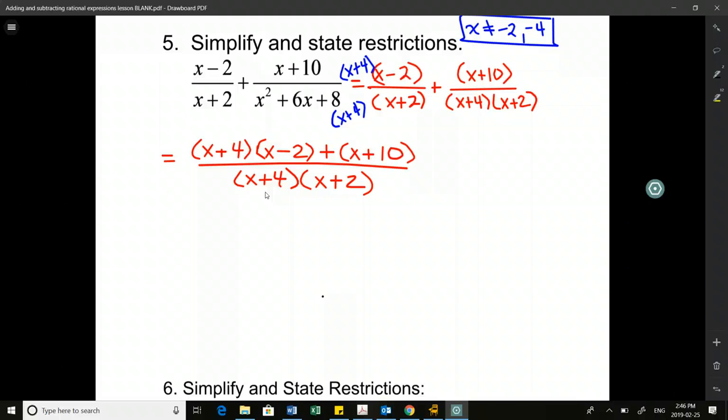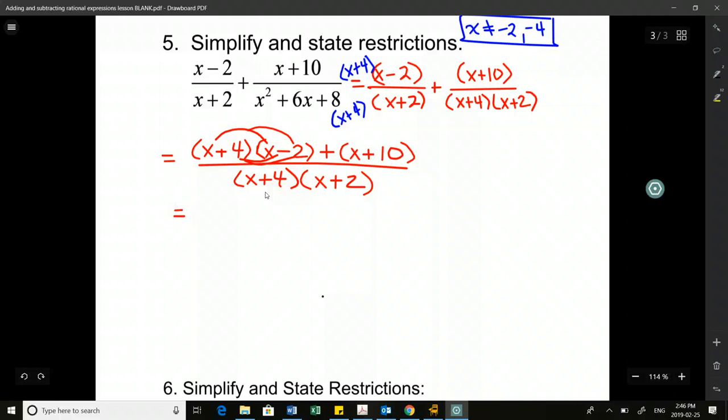Okay, again, this is the step that we want to make sure there's no canceling happening at. I can't cancel these x plus 4s because of the plus in between in the top. So I need to expand and simplify the numerator. Okay, so I'm going to FOIL this. And this is really just us putting in a positive 1 into that second part.